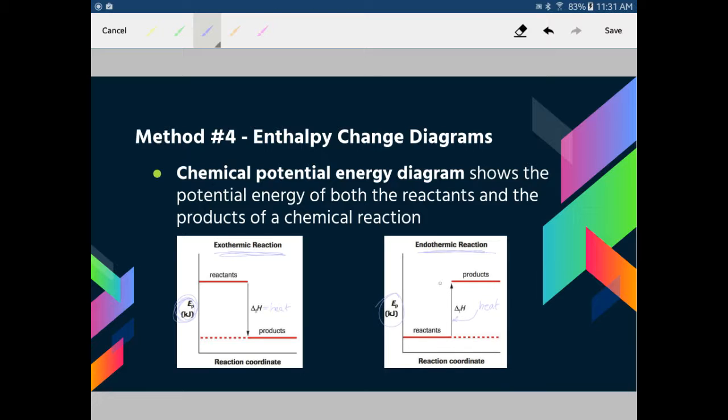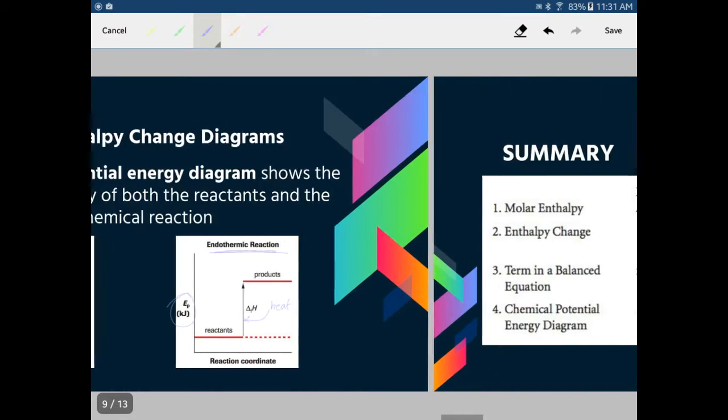So from our reactants to our products, we gain potential energy. We have a positive enthalpy. Okay, so there are these two general diagrams that we can look at when we are looking at our method number 4 and drawing out our products and reactants.